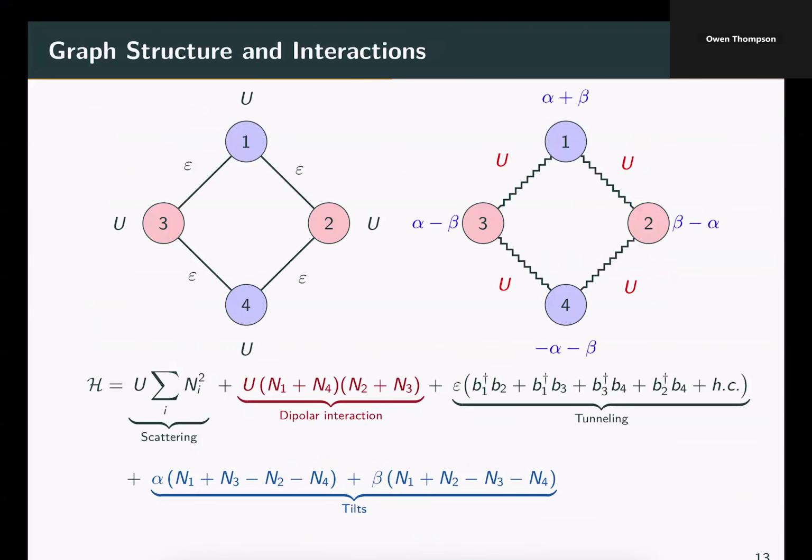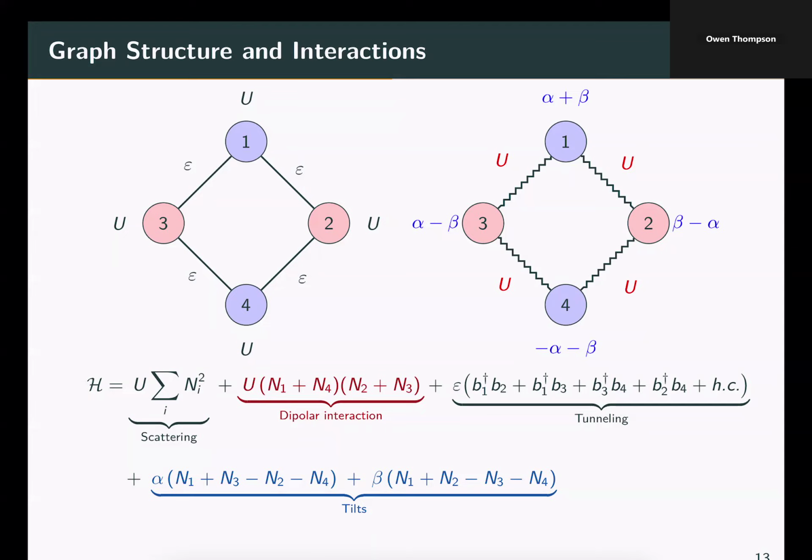We've got an alpha and a beta term. These sites 1 and 4 get shifted opposite each other with the magnitude of alpha plus beta. The sites 2 and 3 get shifted by the magnitude alpha minus beta. But that's all you need. So you can write a generic tilt for this model with just those two. Okay, so we've got tilts built in, and we also have a dipolar type interaction. So this term in red.